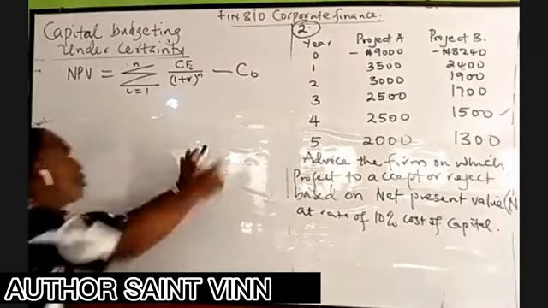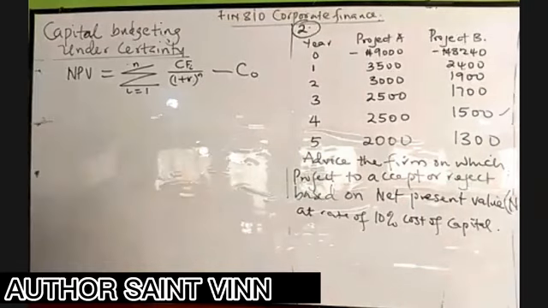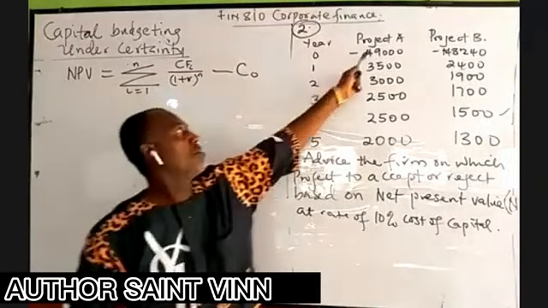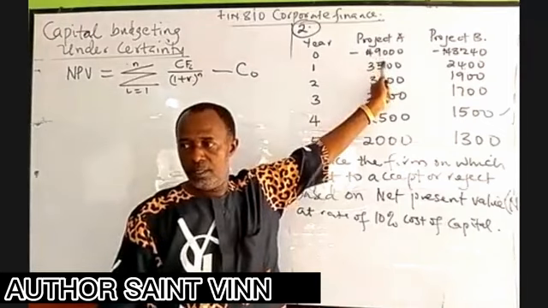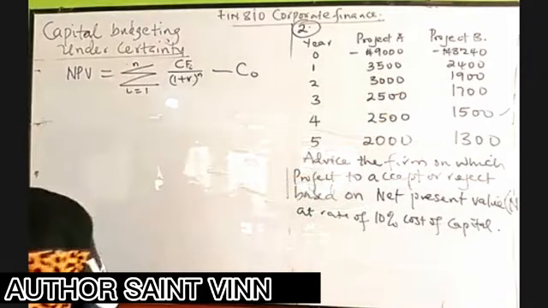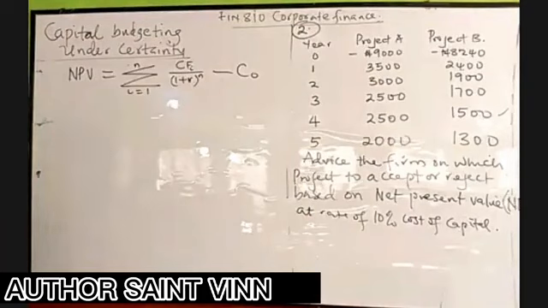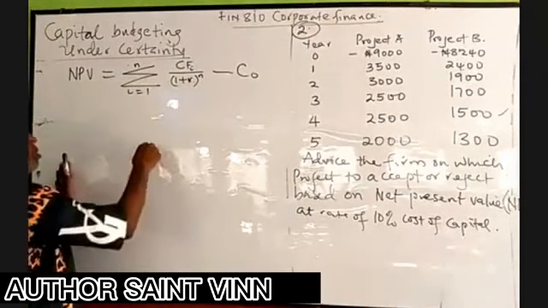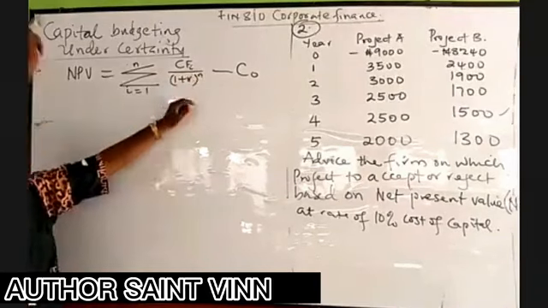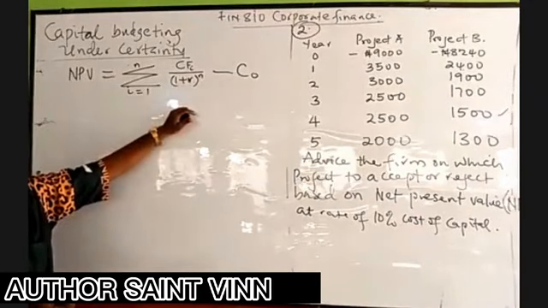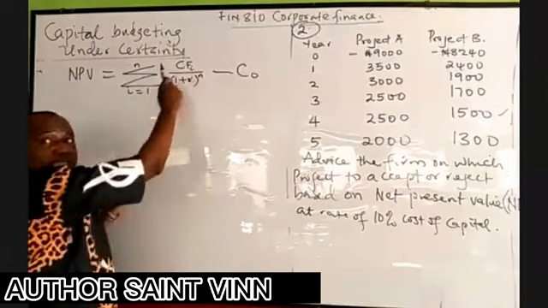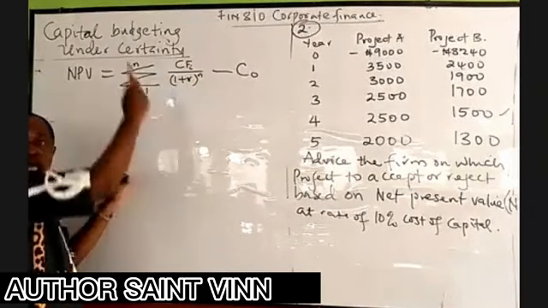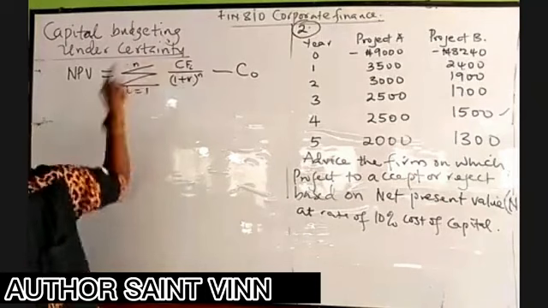C0 is the cash outflow, which is the initial cost. This is the summation. Somebody may write capital A in their formula, or put F. All we know is that it is the cash flow.